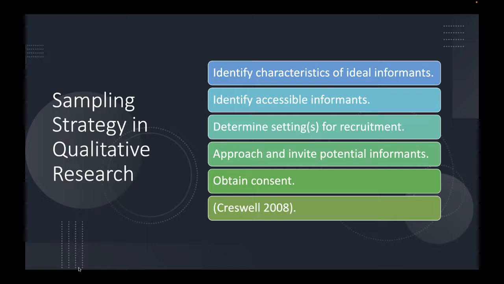But I know the way that this is described suggests that the two approaches are different. The answer is not really, but they emphasize different things. So you'll realize that the first strategy for quantitative research emphasized specific identification of the population, random selection, and so forth.